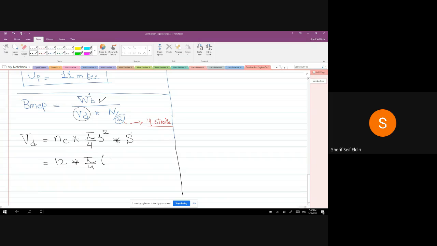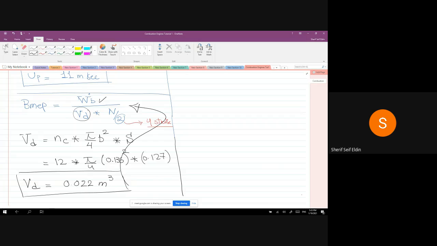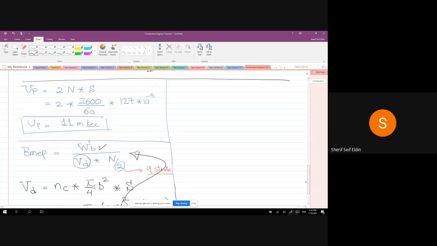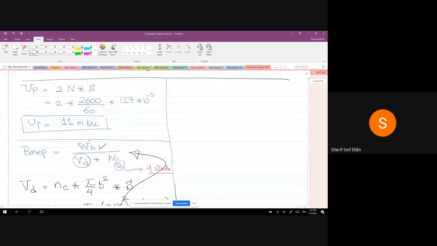The diameter was 136 millimeters, so 0.136, multiplied by the stroke length, 0.127. So displacement volume is going to be 0.022 meter cubed. And we take this and substitute it here.